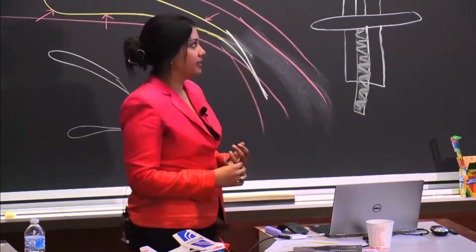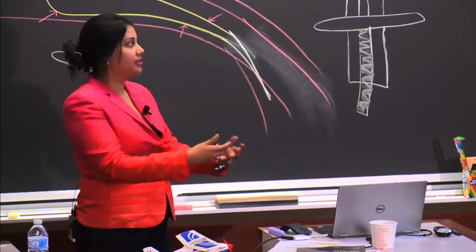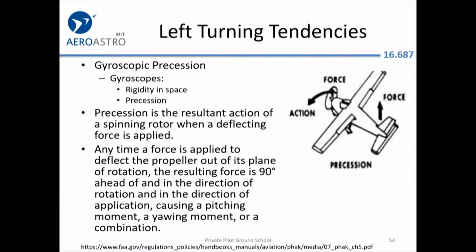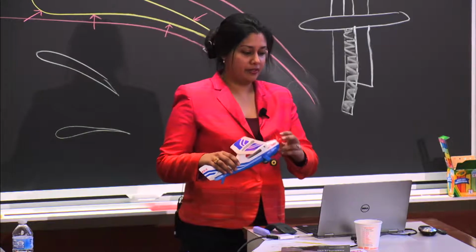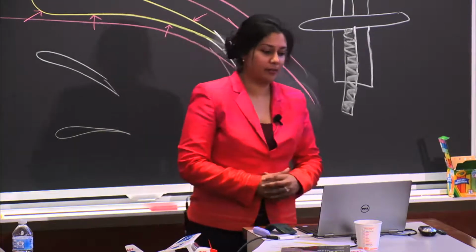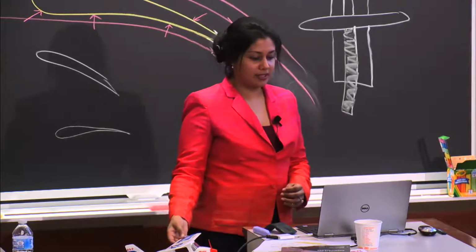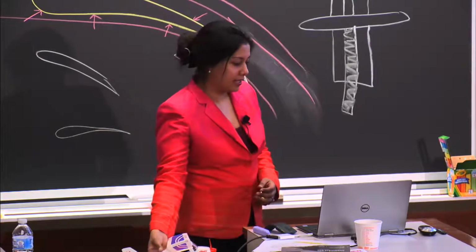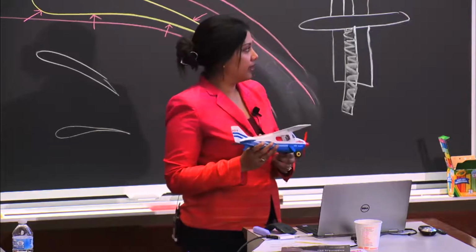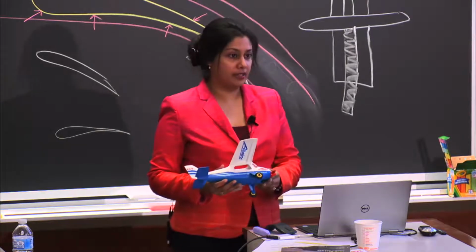Precession is basically that the resultant action of a spinning rotor when a deflecting force is applied happens 90 degrees ahead of that rotation. Because of that, you have the propeller spinning, and that causes this gyroscopic precession, which basically causes a force 90 degrees out of sync, which causes a yawing movement, a pitching and a yawing in this case.